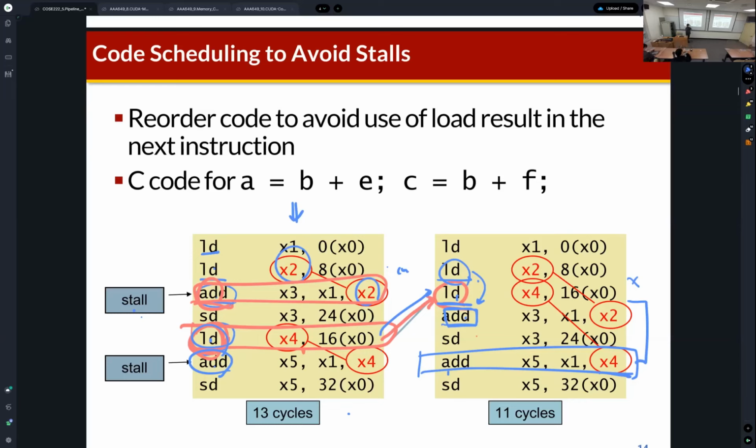Okay. So if possible, the compiler can change the order of instructions to avoid data hazards. But it's not always possible. If we find an independent instruction, then we can change the order of instructions. But if not, we cannot change the order of instructions. Okay.